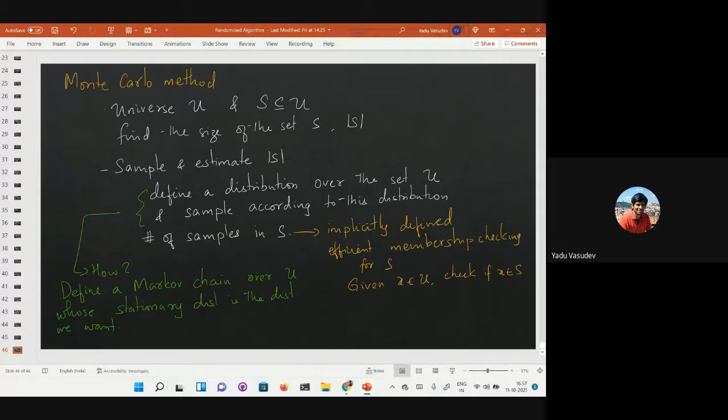Basically you do this random walk, and you try to prove that the Markov chain converges to U, to the stationary distribution, quickly. Quickly in the sense, say, polynomial time or whatever is the time bound that you want.